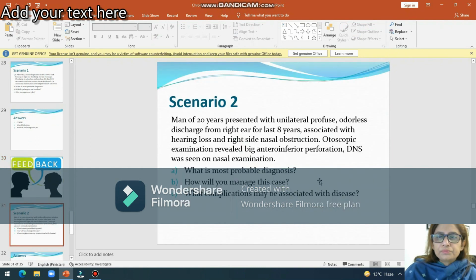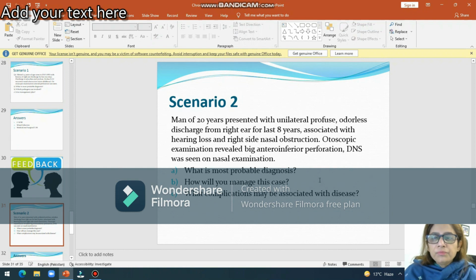So then there is another question. A 20-year-old presented with unilateral profuse odorless discharge for the last 8 years, associated hearing loss, and right-sided nasal obstruction. Otoscope will reveal a big perforation, and DNS is present. So again, the diagnosis is tubotympanic chronic suppurative otitis media.